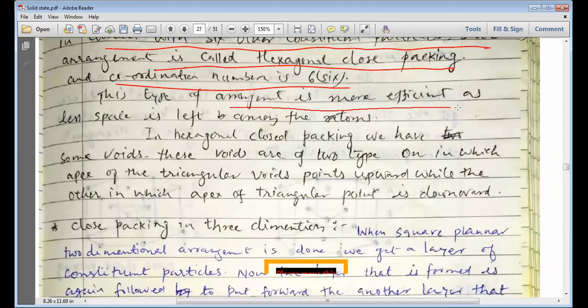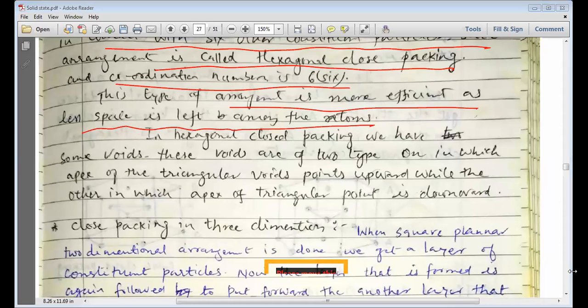This type of arrangement is more efficient as less space is left among the atoms. So my dear students, the hexagonal close packing arrangement is more efficient, and that is why the hexagonal close packing or AB type of close packing is more efficient as compared to AAA type of arrangement or square close packing.